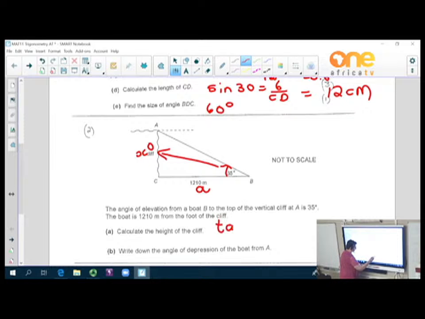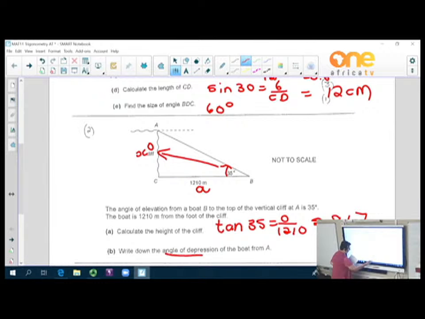So tan 35 is equal to the opposite over 1210. Which method? Top times. You just multiply the 2 there, and I have 847. I rounded it off there to 3 significant figures, 847.